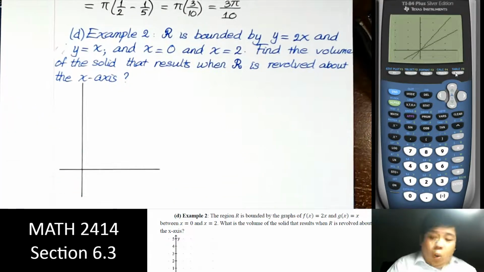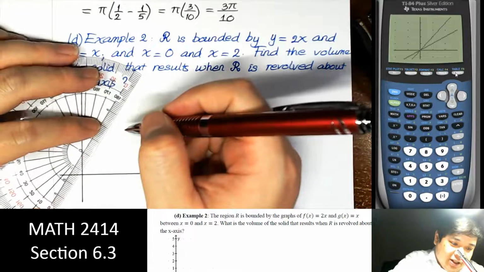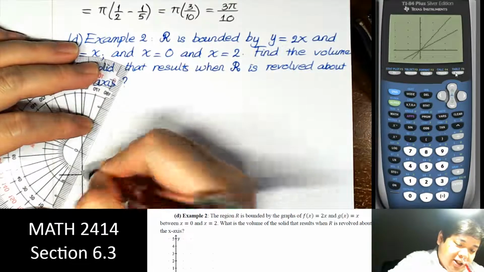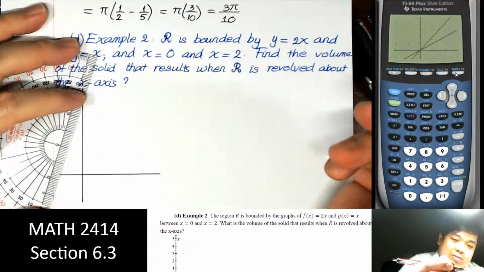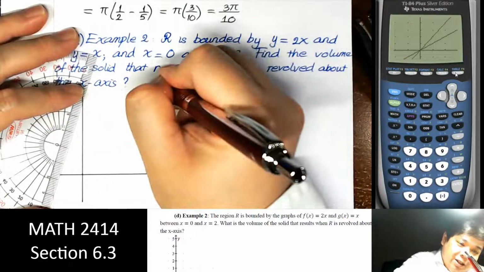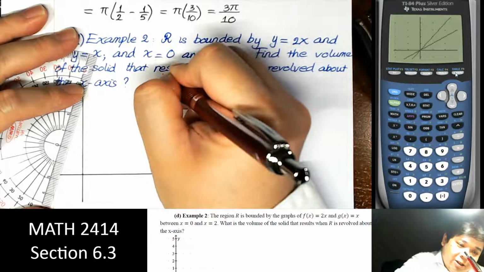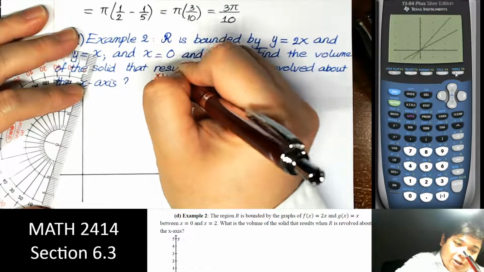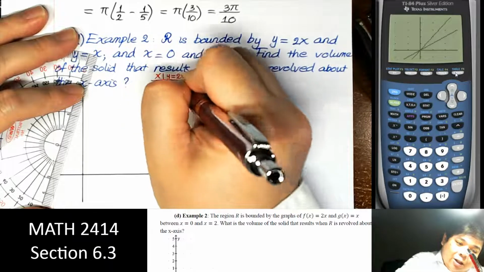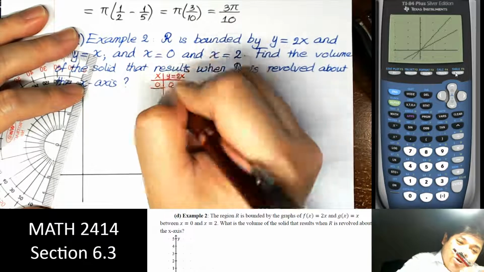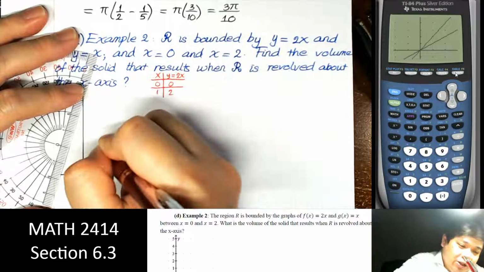Y equal to 2x: when x equal to 0, y equal to 0, x equal to 1, y equal to 2.